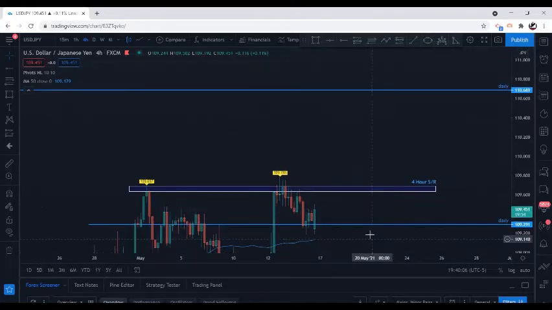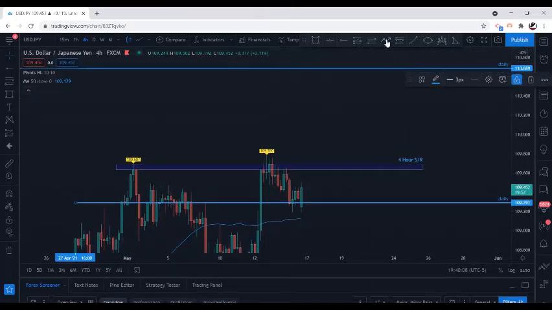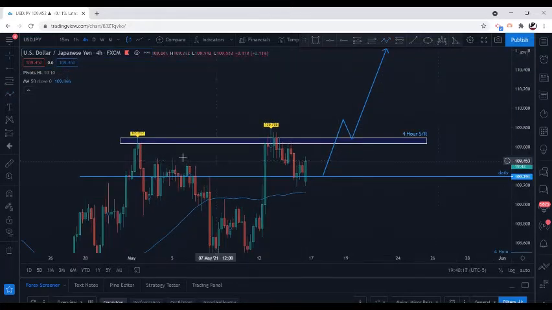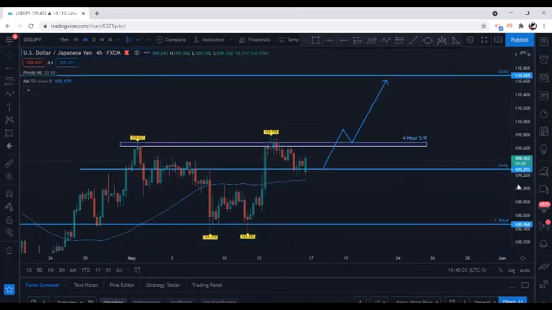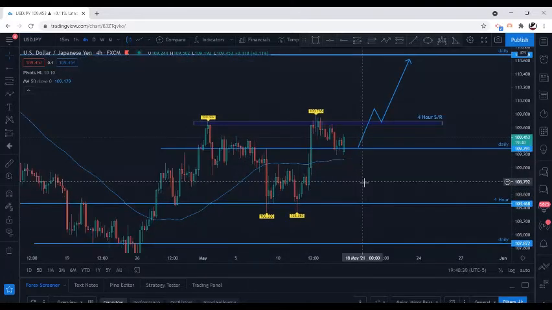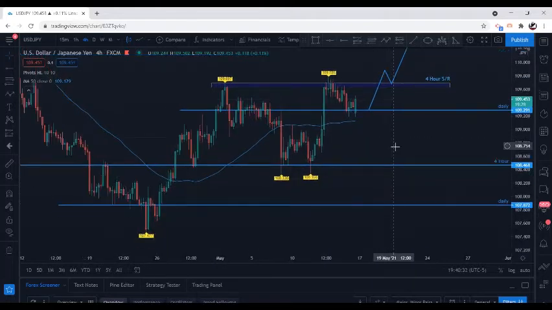But for me to take a long setup on UJ, I would want to see price break this 4-hour level also, because of the rejection that I'm seeing from this level. I wouldn't take a buy just because we're above this daily level, but I would want to see this high being taken out also.